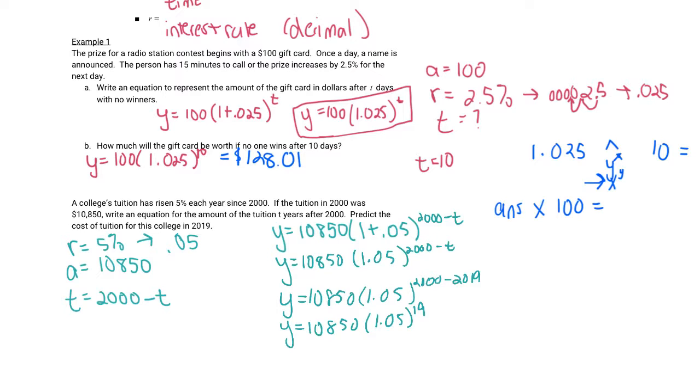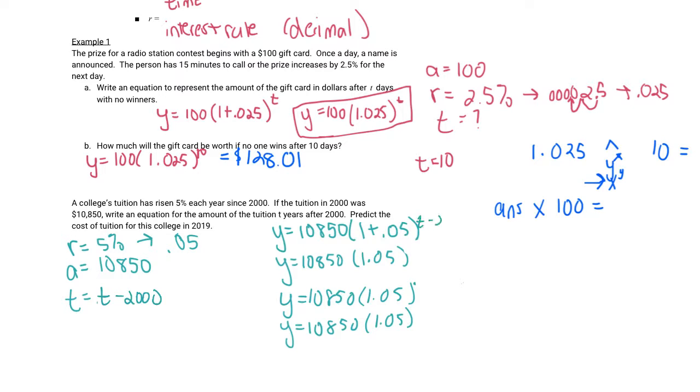Oh gosh, kids, I totally messed up here. Please forgive me. If we want to find t, I've written it wrong. And I'm so sorry. I hope you caught my error before I did. If it's years since 2000, it'll be t minus 2000 because we're going forward in years, not backwards.